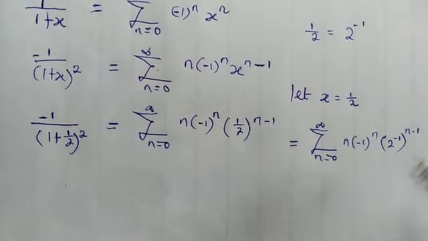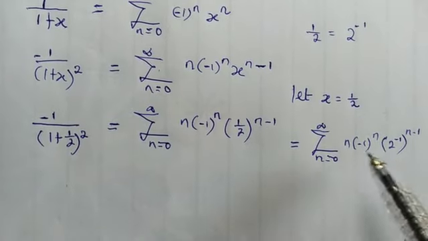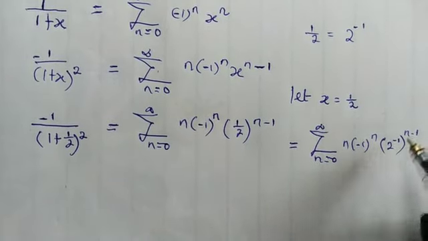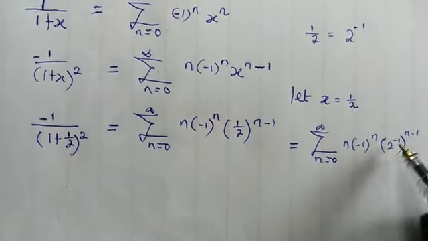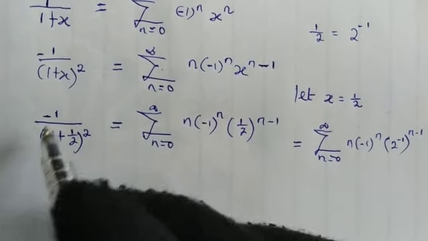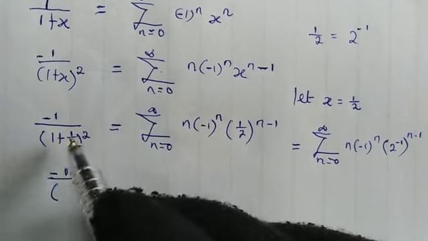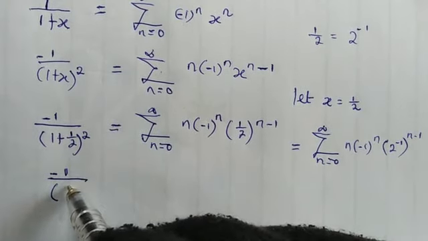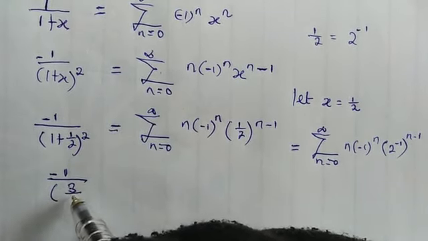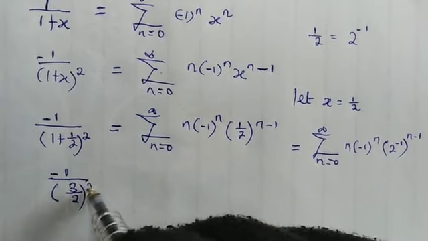According to the law of indices, these powers multiply together. On the left we have negative 1 over 1 plus 1 over 2, that is going to give us 3 over 2, then squared.